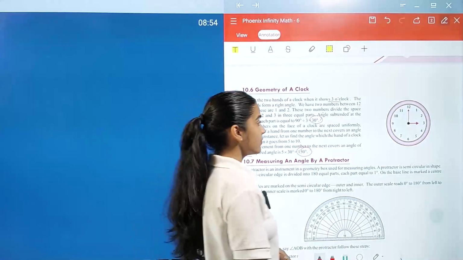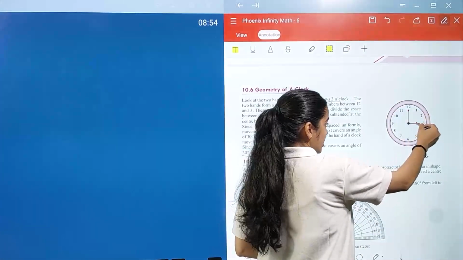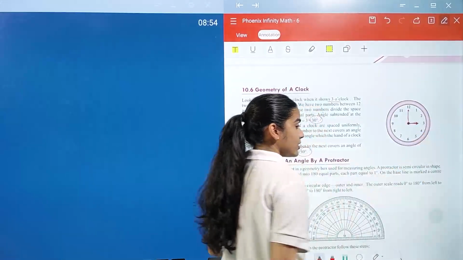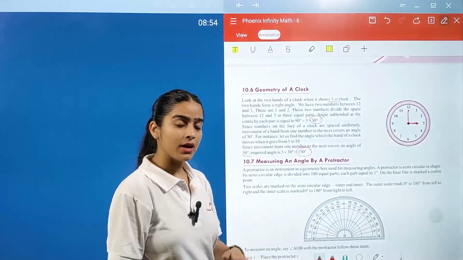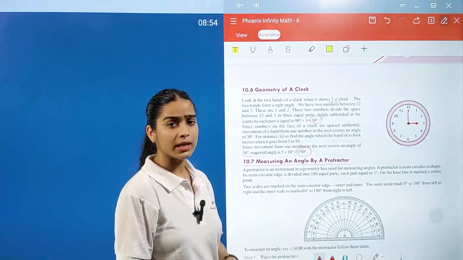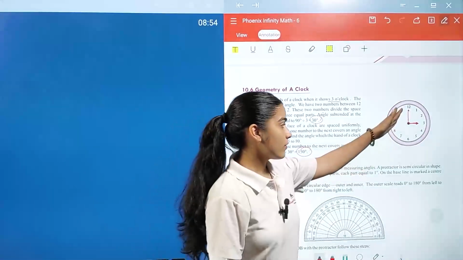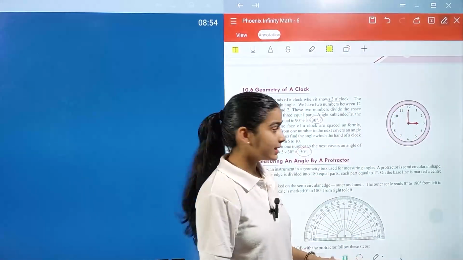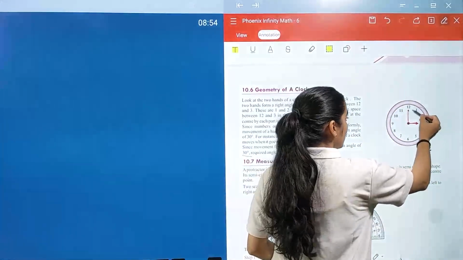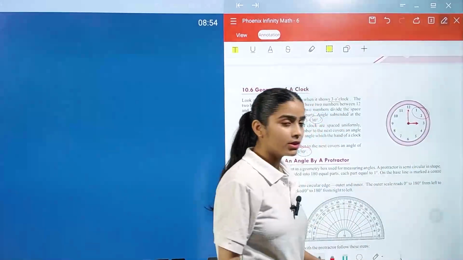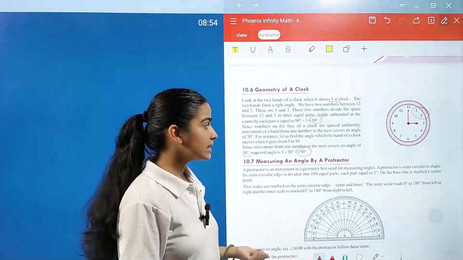So what do we observe here? An L shape. Whenever you see an L shape, it means you have a 90 degree angle, which is a right angle. Now we have two numbers between 12 and 3, and they make a 90 degree angle.